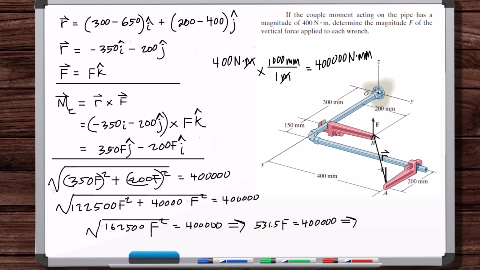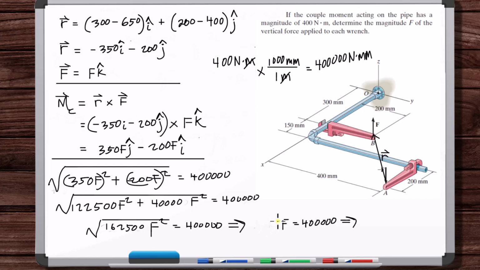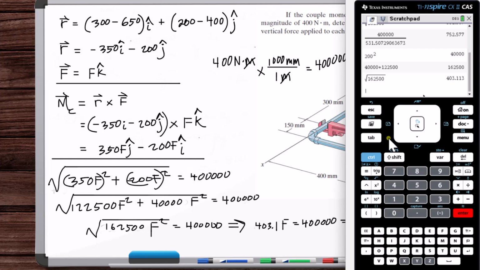And then the square root of this is 403.1. And then 400,000 divided by 403.1 gives 992.